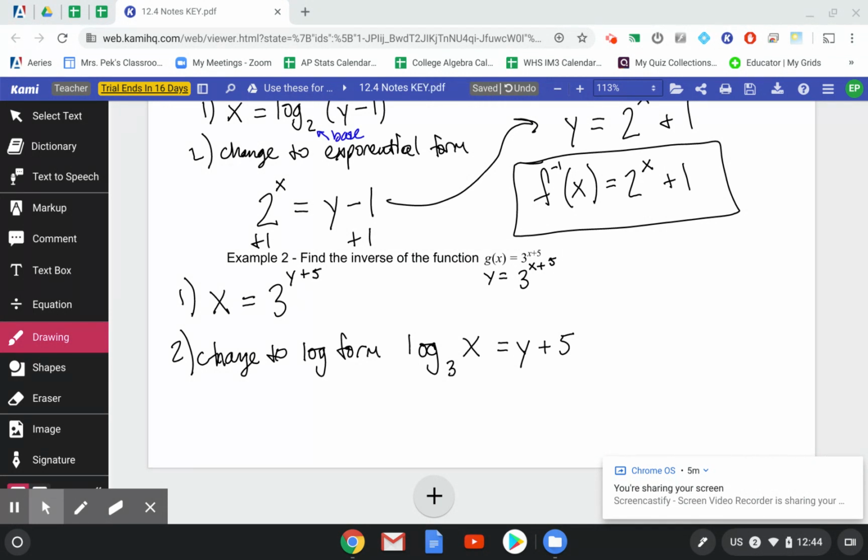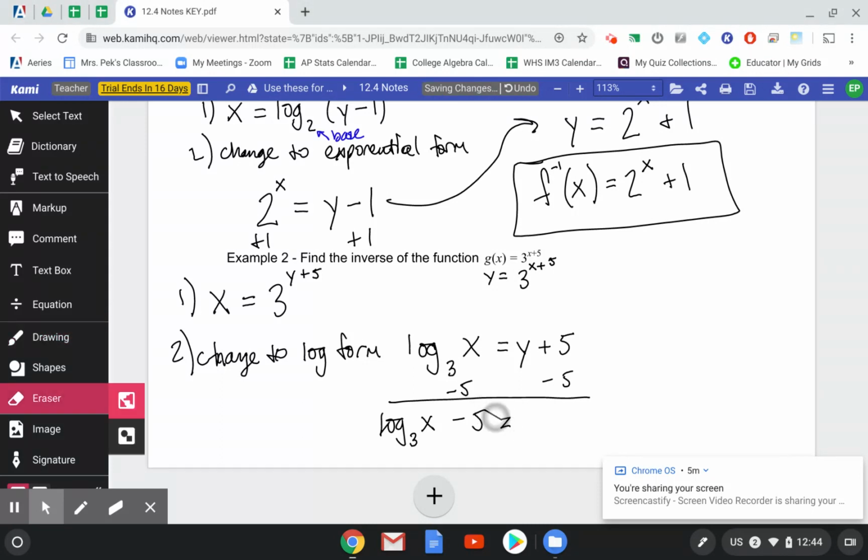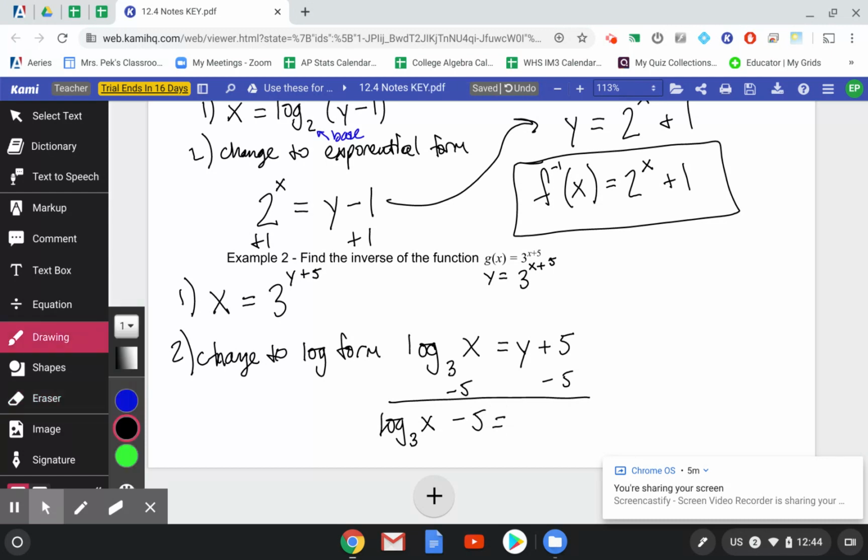Now I just have to get y by itself. At this point, I can subtract 5 from both sides of my equation. I get log base 3 of x minus 5 equals y. Then, like I said before, it's important to use our inverse function notation.